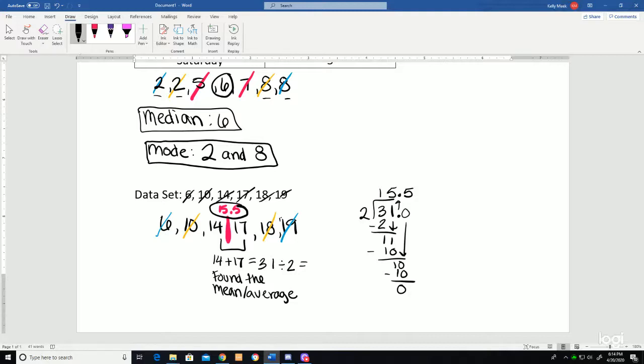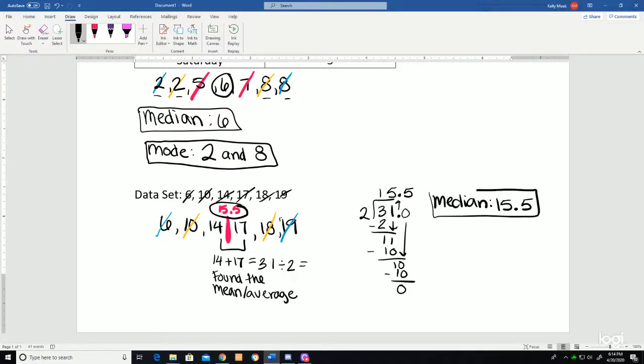So the way that you solve that problem, because again, you can't have two of them, is you find the mean or the average of the two numbers you're left with. All right, and so for this problem here, the median is going to be that number directly in the middle between our two numbers that were left, which is 15 and 5/10.